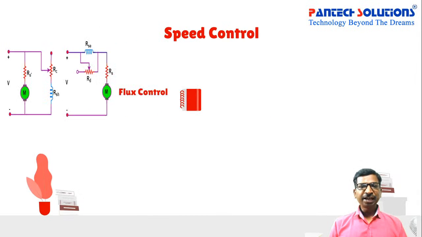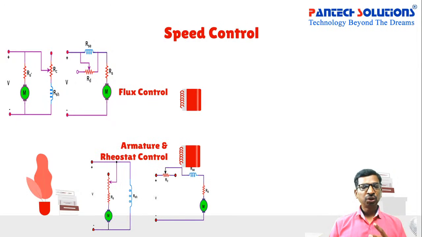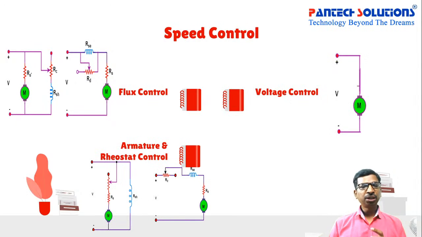Now let us look at the speed control logic, that is, how the motor speed can be controlled. Logically, we can classify it into three types: the flux control method, the armature rheostat control method, and the voltage control method.